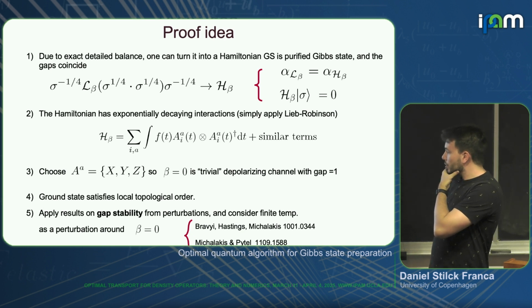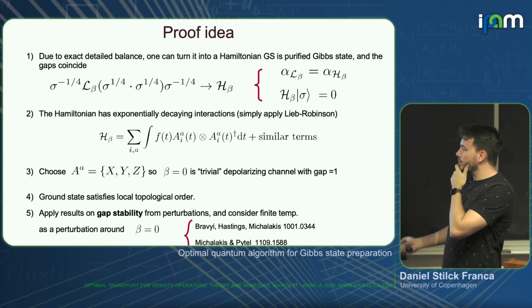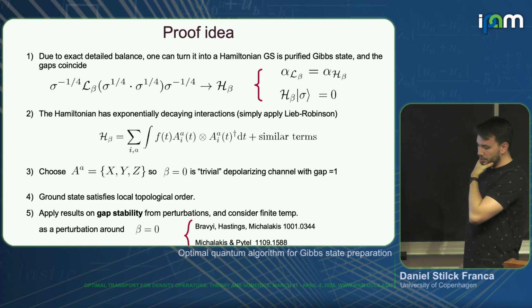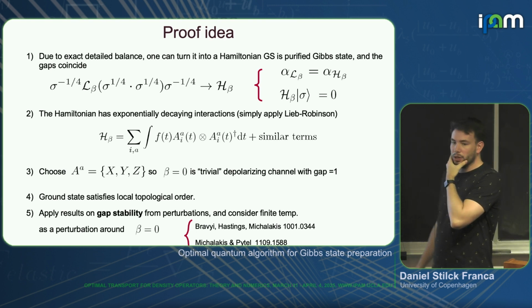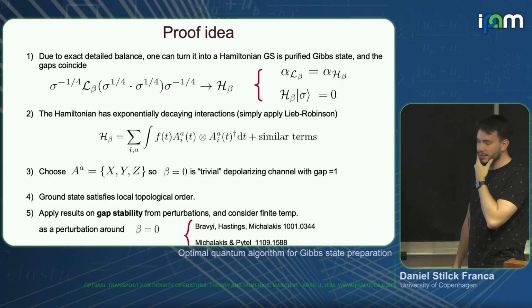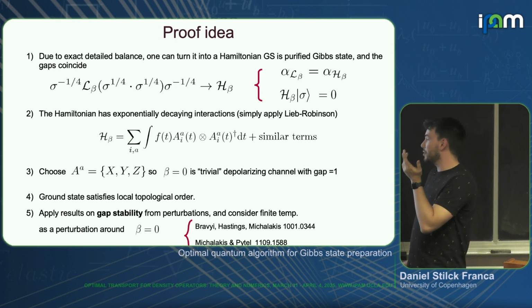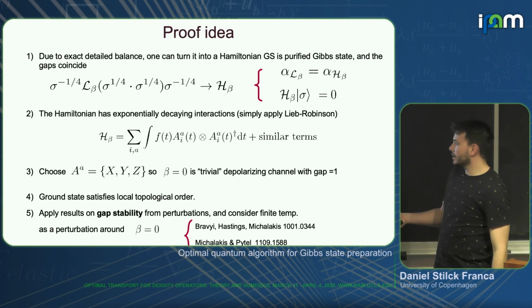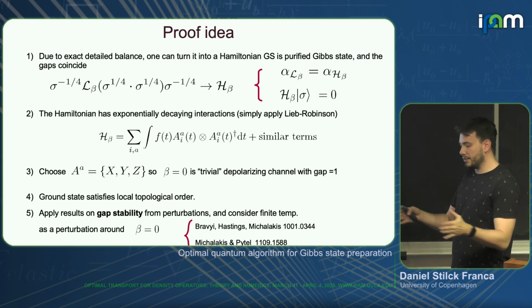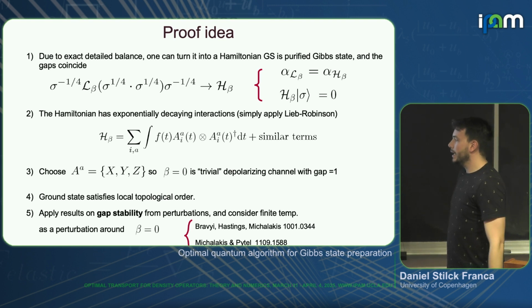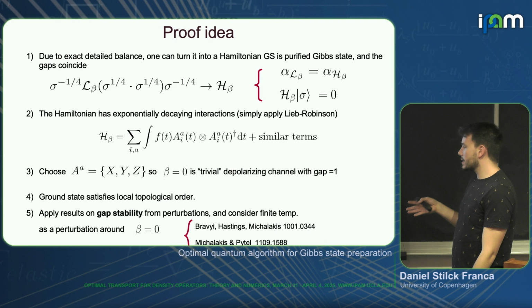Then we show that if you let beta go to 0, what we essentially get is the so-called depolarizing channel. For the depolarizing channel, we understand things like the spectral gap very well. It's very simple to compute. So in the limit beta equals 0, we have a depolarizing channel, and that has a constant spectral gap.